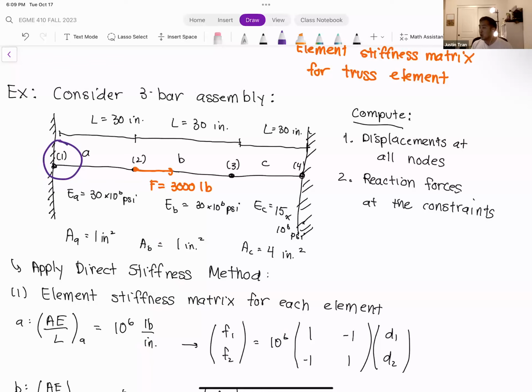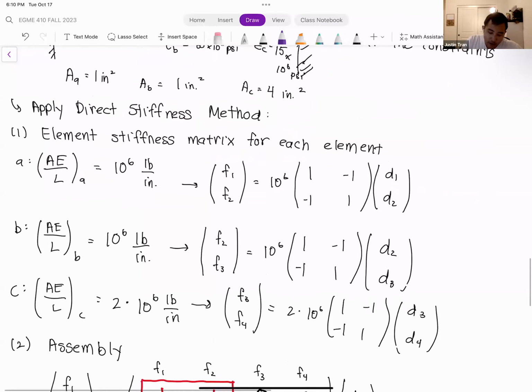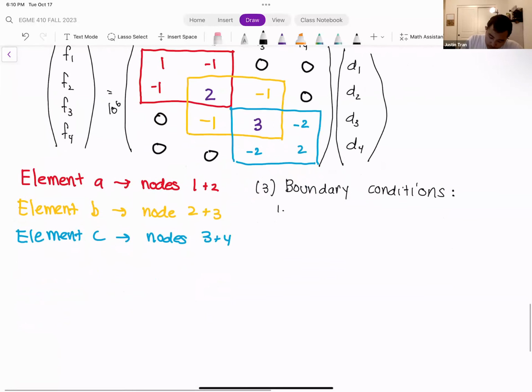From this diagram here, we can see that node 1 is fixed to the wall. And so we have a fixed support on node 1. Very similarly, we have a fixed support on node 4. So fixed support on node 1, fixed support on node 4. And then we also have a horizontal force being applied on node 2. Okay, so let's note all that down here.